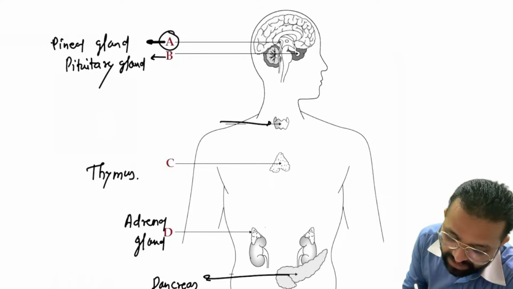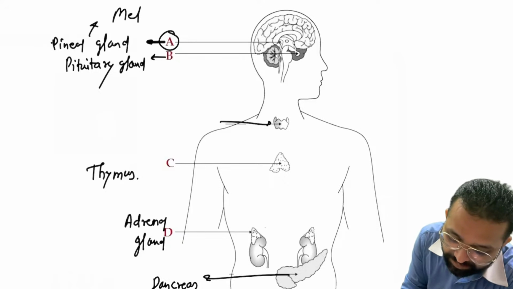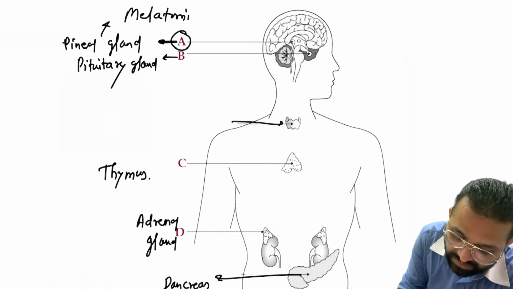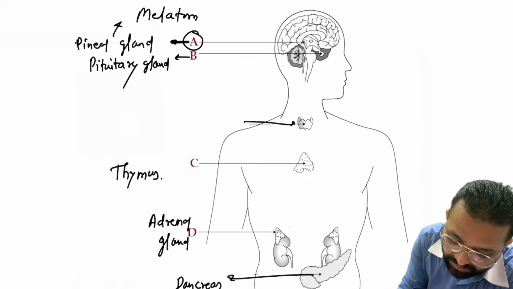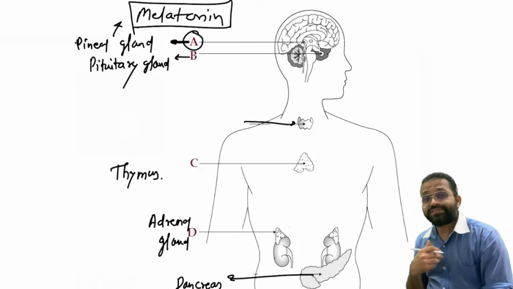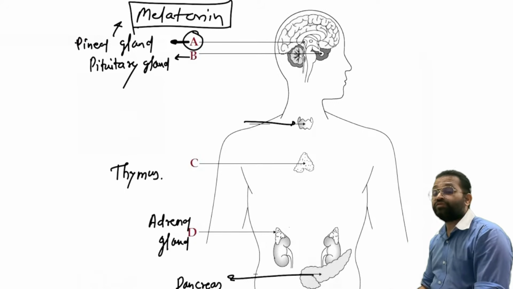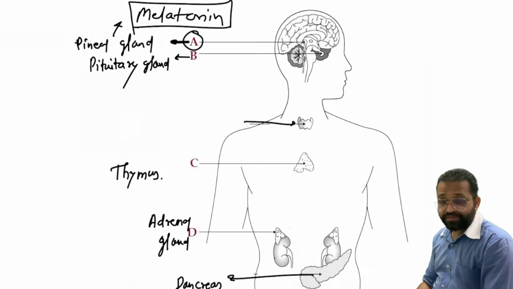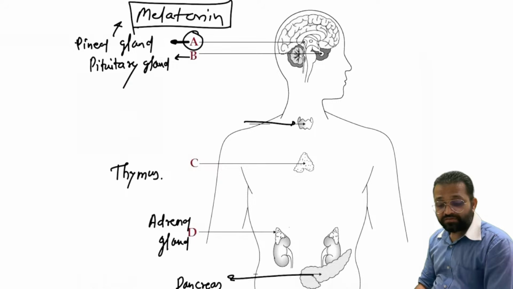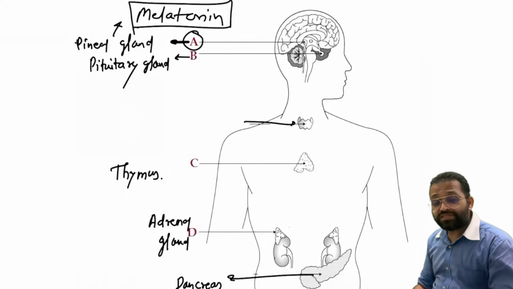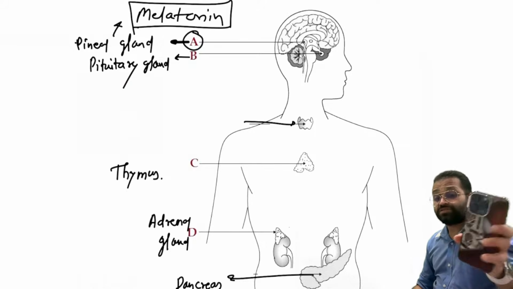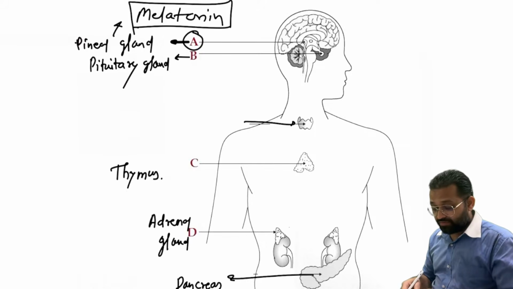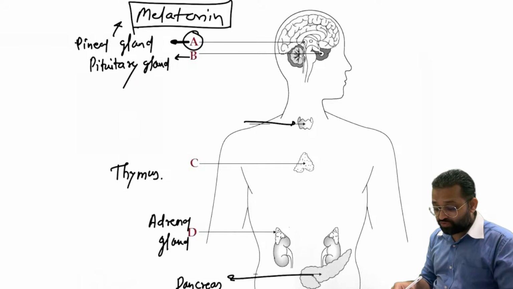So here the pineal gland is secreting the melatonin. Remember, this melatonin is responsible for the circadian rhythm, the biological clock activity. Agree? Fine. So this melatonin is controlling the visceral activity. Yes, the Lord Shiva has the capacity to control the visceral activity.